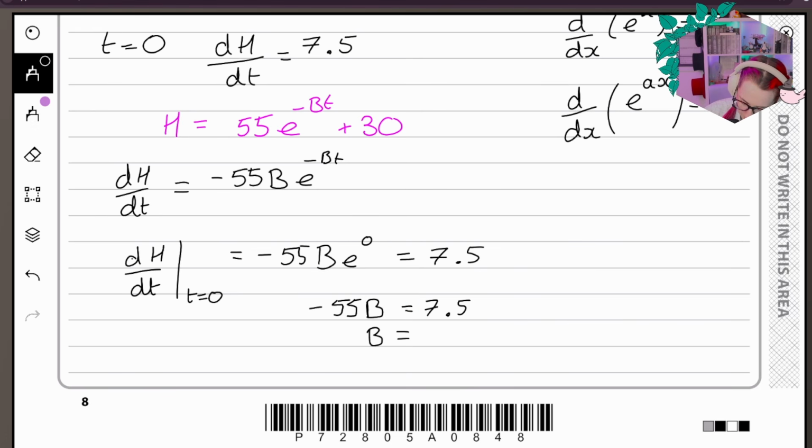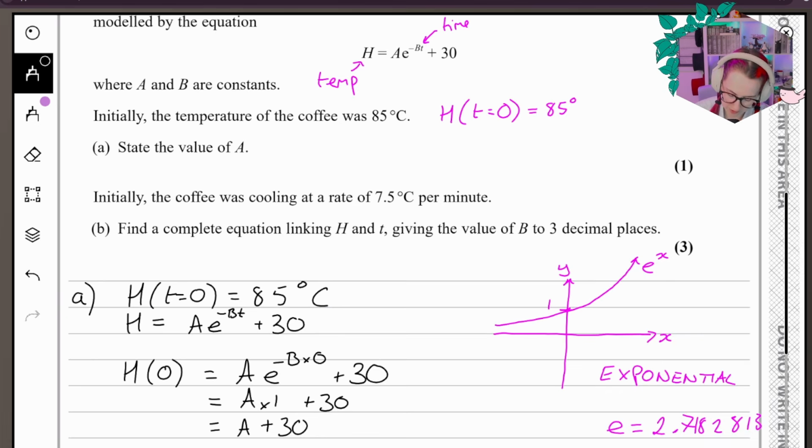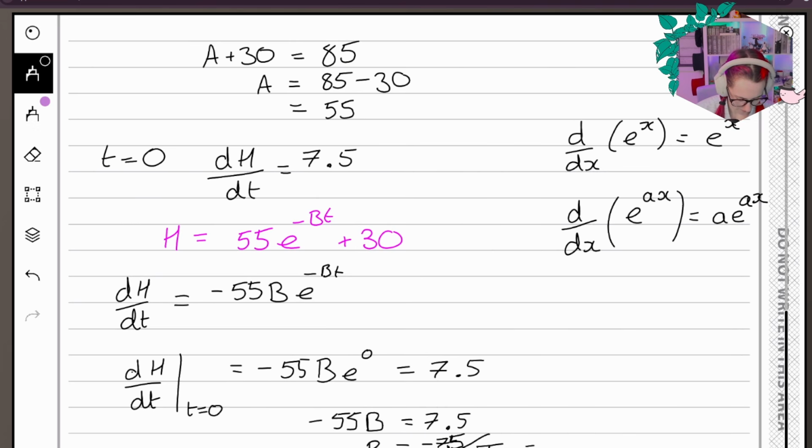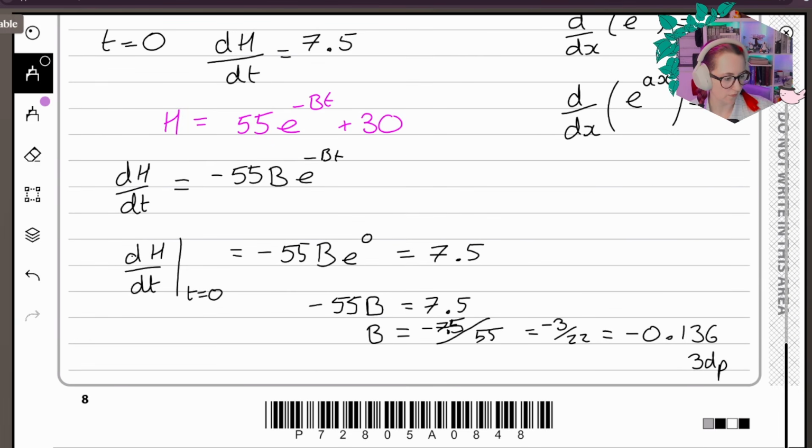So b is minus 7.5 over 55, which we were told to leave in a number of decimal places, 3 decimal places. 7.5 divided by 55 is 3 over 22, minus 3 over 22, which is minus 0.136 to 3 dp. It's actually 0.1 and then 36 recurring, but we got told to leave it to 3 significant figures.